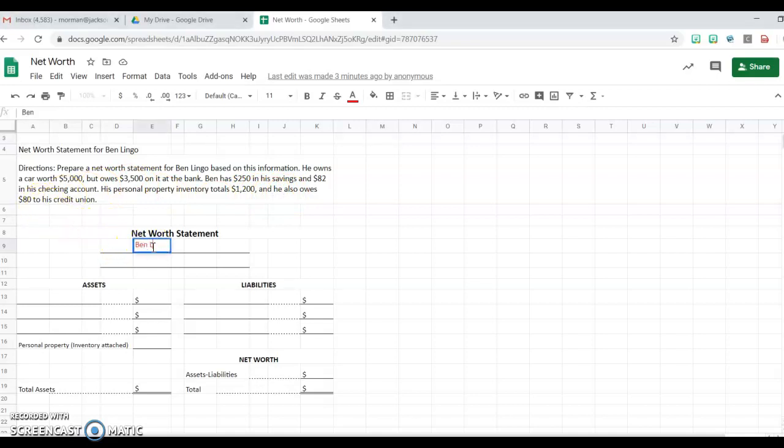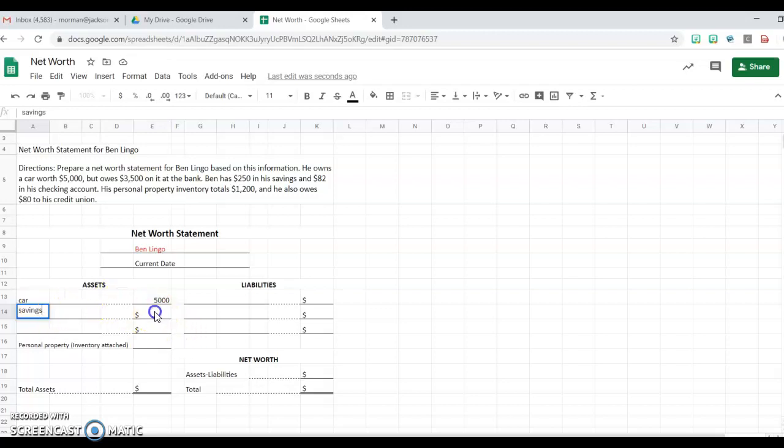So I'm going to put his name in, Ben Lingo, and put the current date. His assets, one thing we know he owns is his car, and it's worth $5,000. Something else he owns, I like to list everything he owns first, all of his assets.